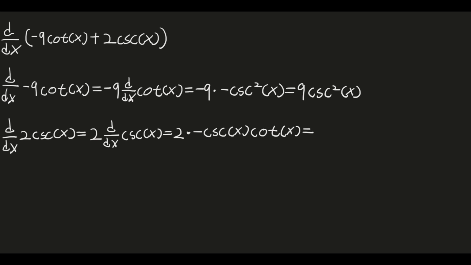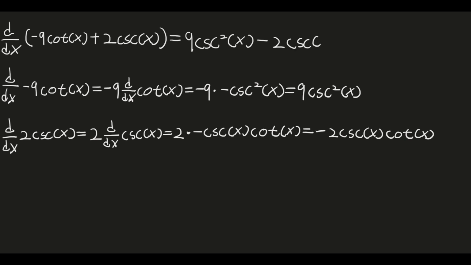Multiplying these two values together would get us negative 2 cosecant x times cotangent x. Now we can put the first and second terms derivatives together. So that would be 9 cosecant squared x minus 2 cosecant x times cotangent x. And this will be our final answer right here.